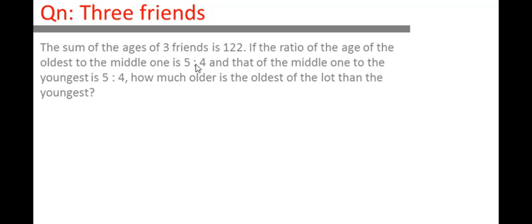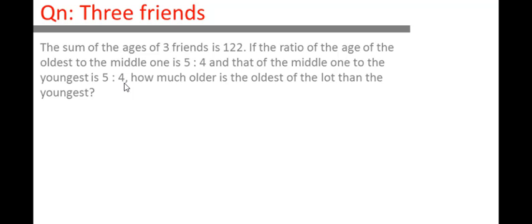So first is to second is given as 5 is to 4, and second is to third is given as 5 is to 4. So what we are going to do is take the LCM of 4 and 5. The LCM of 4 and 5 is how much? It is 20. Understood?